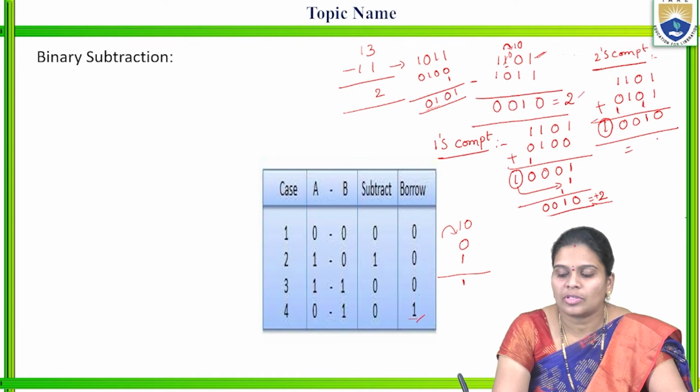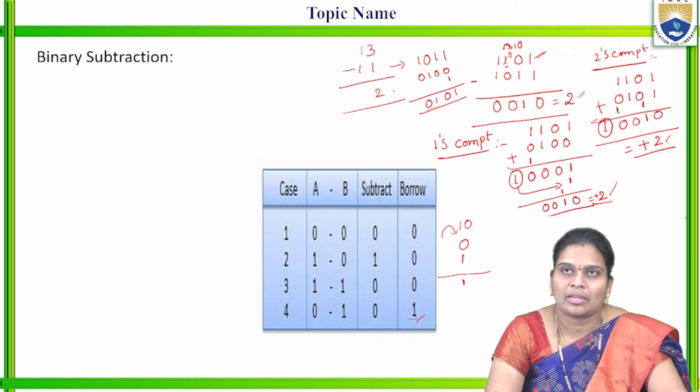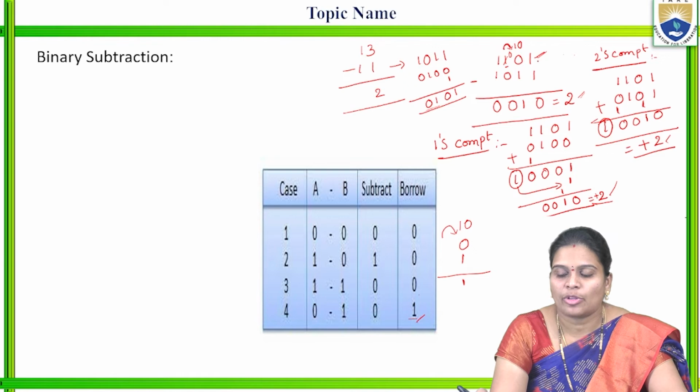So 0, 0, 1, 0 is 2. So if we follow any of these different ways, we are getting the same result only. 13 minus 11 is 2, this is the decimal subtraction. Coming to the binary subtraction, 2. So we want to overcome this complexity, so we go to the 1's complement and 2's complement.